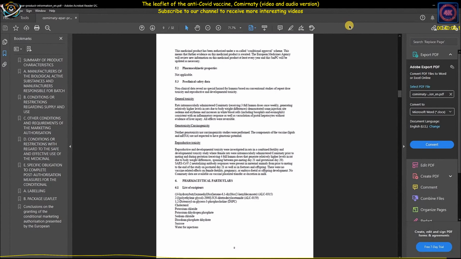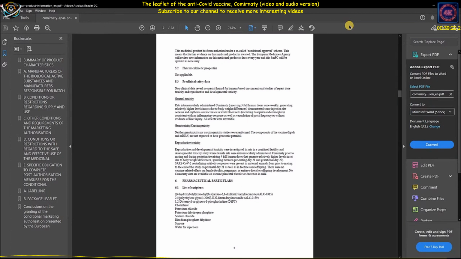Rats intramuscularly administered Comirnaty, receiving 3 full human doses once weekly, generating relatively higher levels in rats due to body weight differences, demonstrated some injection site edema and erythema and increases in white blood cells, including basophils and eosinophils, consistent with an inflammatory response, as well as vacuolation of portal hepatocytes without evidence of liver injury. All effects were reversible.